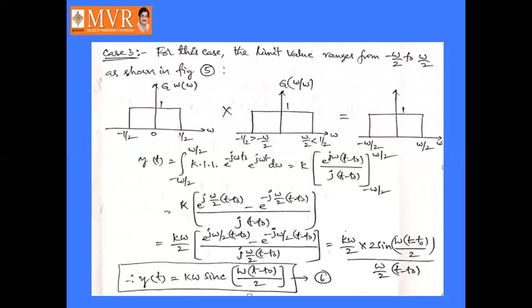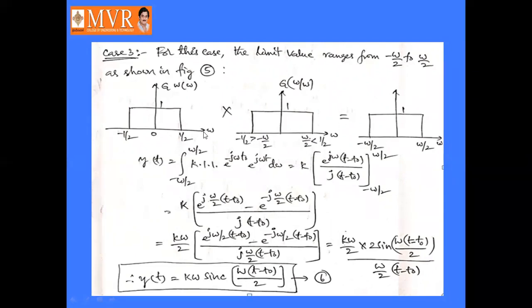And case 3: the limit values range from minus omega by 2 to omega by 2, as shown in figure 5. Here these two are multiplied. In figure 2, minus 1 by 2 is greater than minus omega by 2, and omega by 2 is less than 1 by 2.